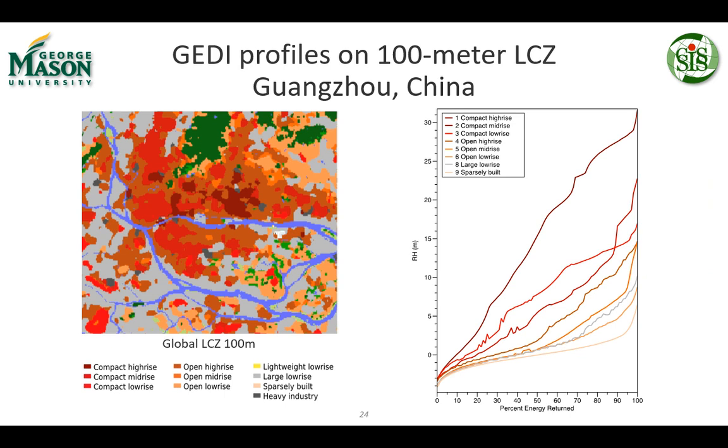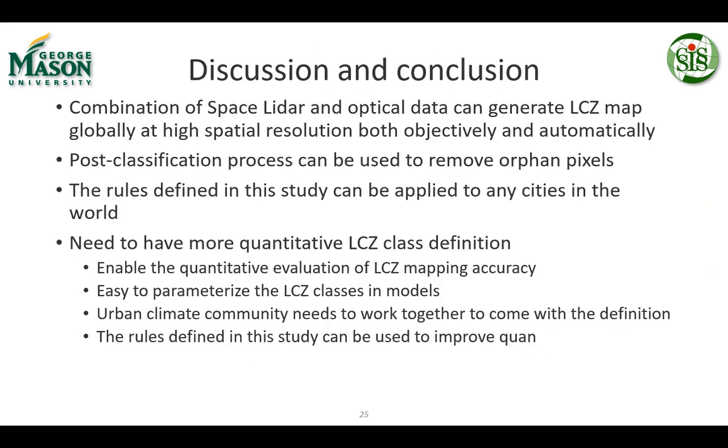So basically, some conclusions: combined with space LiDAR and the optical data set, we can ultimately generate a high resolution global LCZ, and this product is supposed to be objective and repeatable, because in scientific research reproducibility is very important.